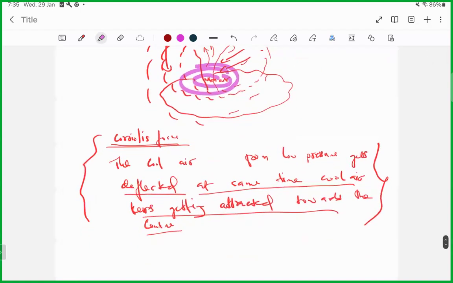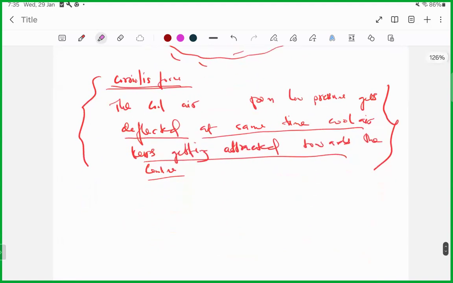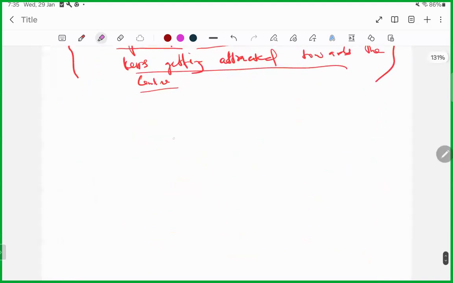So these cyclones, as they travel, cross the coast.